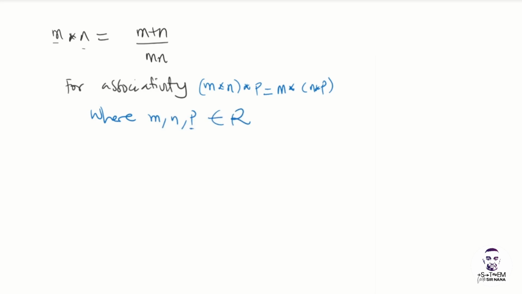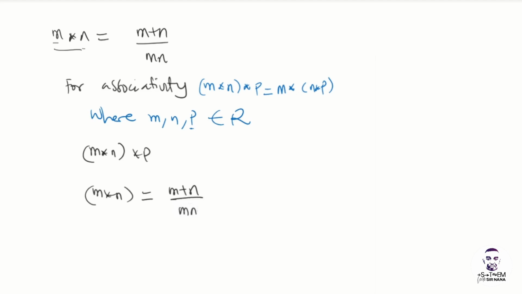Now, let's consider the left-hand side. So m operation n in brackets, operation p. In this case, we'll consider the normal one that we know, which is even in the question, m operation n. And that gives us what we have here, m plus n all over mn, right?